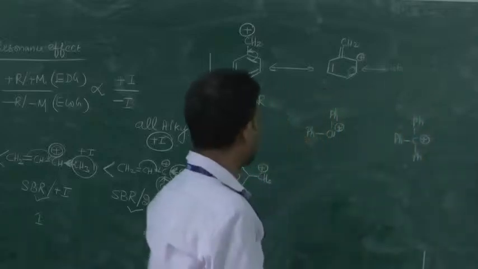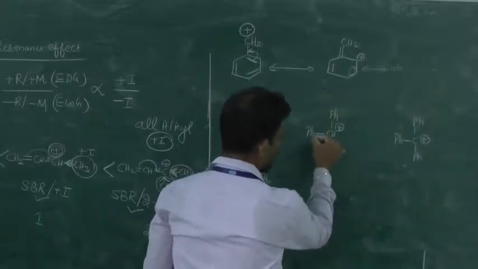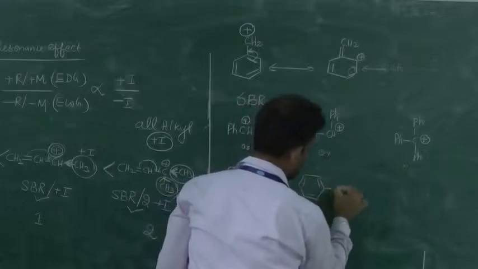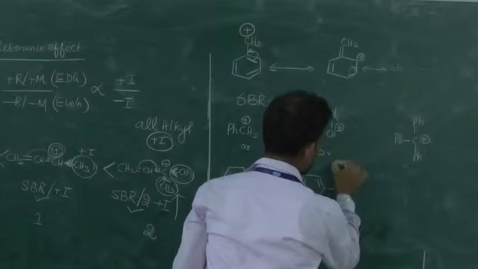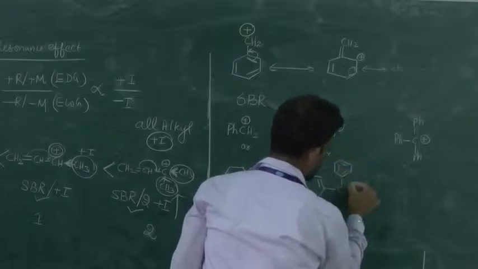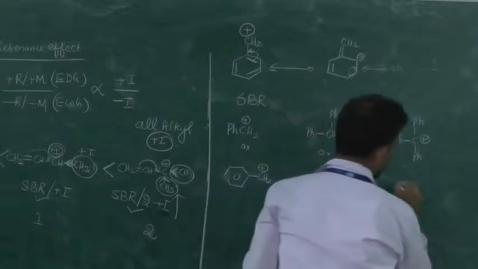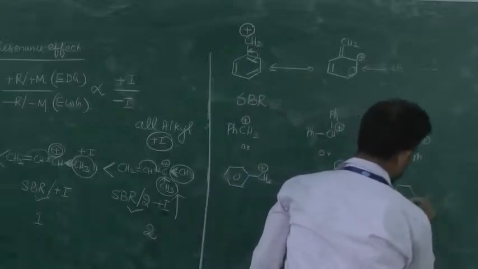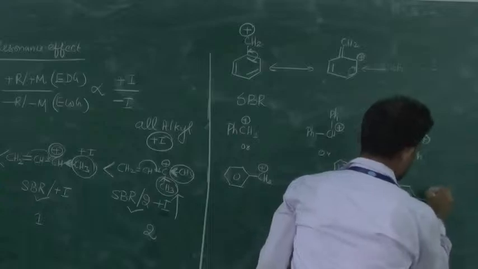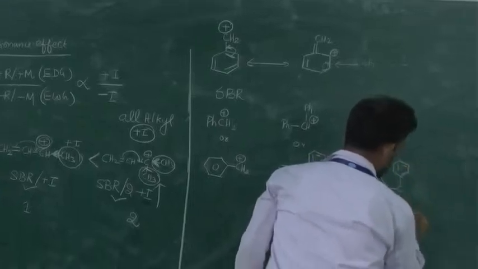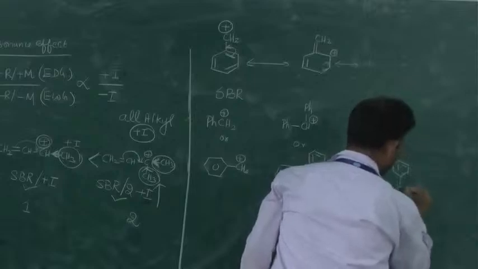Now how can we expand this? If we expand it, this is going to be CH3, this is going to be your phenyl, and this is going to be another phenyl, correct?